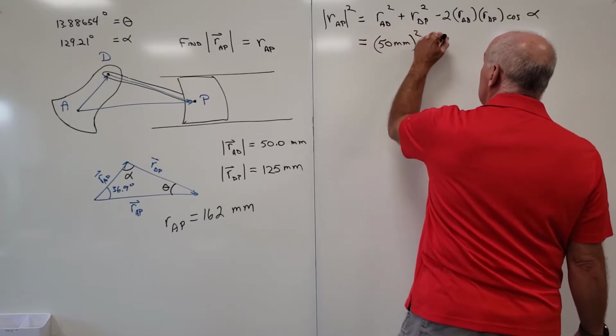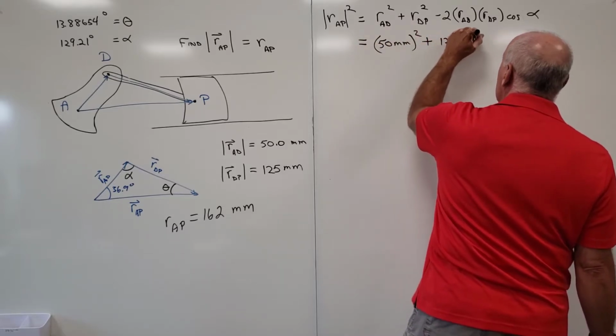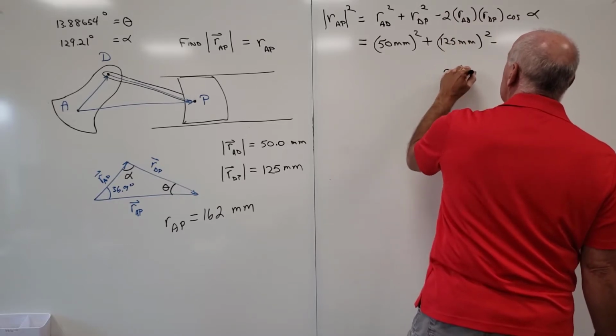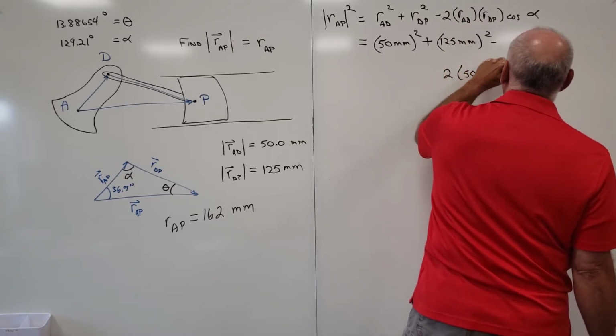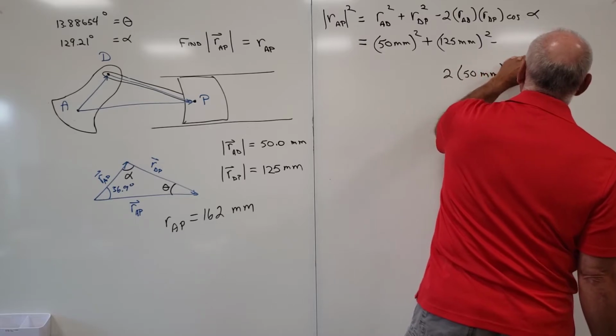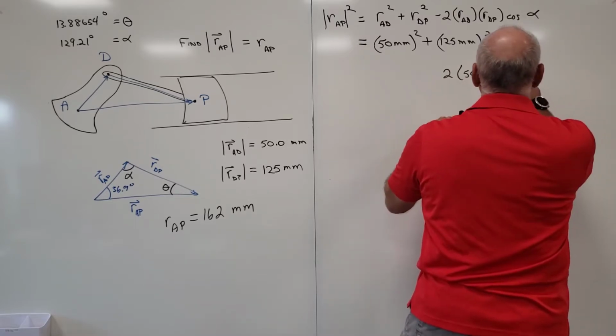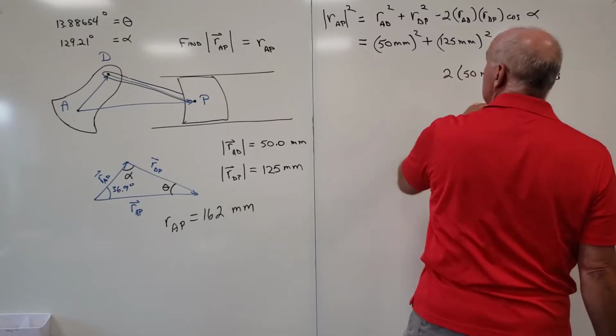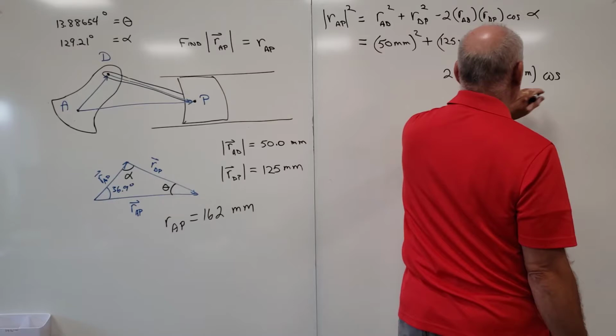Okay, so RAD is given at 50 millimeters. Square that, plus 125 millimeters, square that, minus 2 times 50 millimeters times 125 millimeters times the cosine of 129.21.